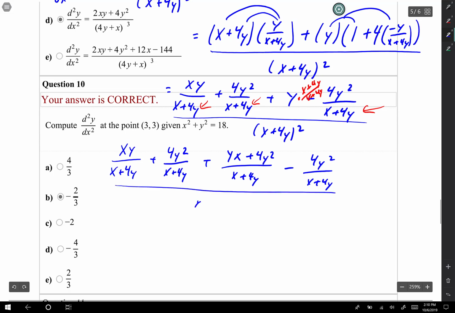And all that is over (x plus 4y) squared. All of them have an x plus 4y, so I'm going to bring the (x plus 4y) squared up, and here's what we finally get.